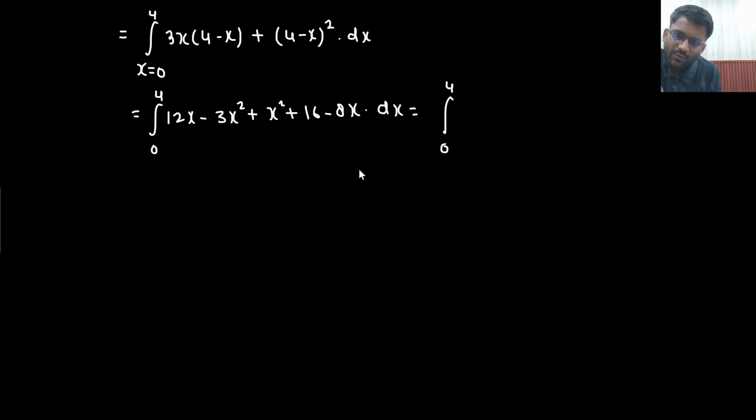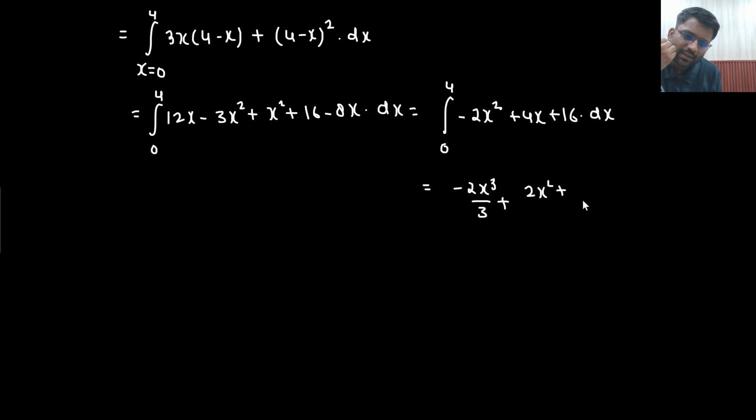X going from 0 to 4, minus 2x square plus 4x plus 16 dx, which gives minus 2x cube by 3 plus 2x square plus 16x with x going from 0 to 4.